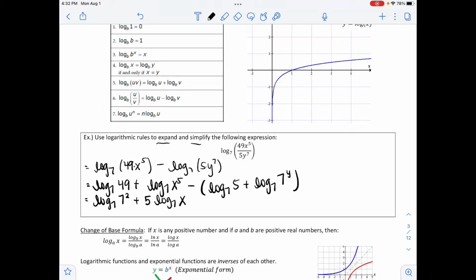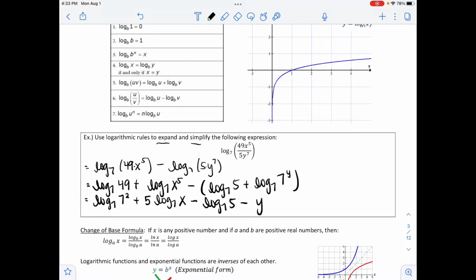From here, I'm able to distribute that negative. And then I also note that that last term that we have is log base 7 of 7 to the y, which by looking at our rule 3, we can just rewrite as y. I'm also going to distribute the negative. So we have minus log base 7 of 5 minus, and again, this would just simplify to y based upon rule 3.